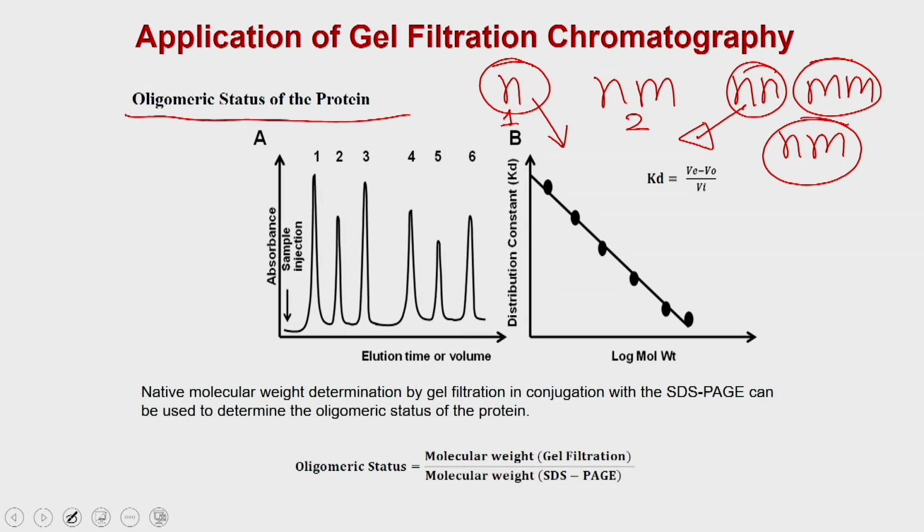If you divide NN by N, it says the oligomeric status is 2, which means dimer. So the molecular weight from the gel filtration, divided by the molecular weight from the SDS-PAGE, gives you the oligomeric status.